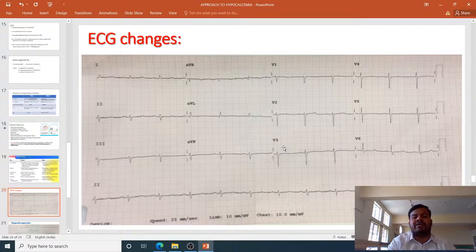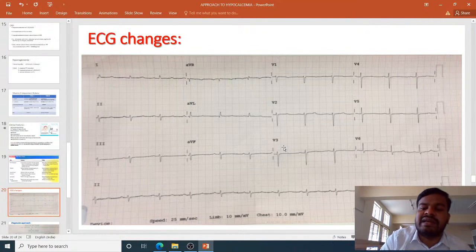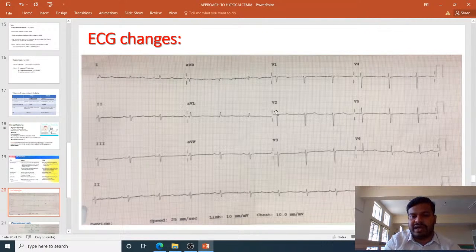So basically, in the ECG, calcium plays a vital role in the depolarization and the repolarization. So there is delayed repolarization, and there is a prolonged QT interval. You can see there is a prolonged QT interval.